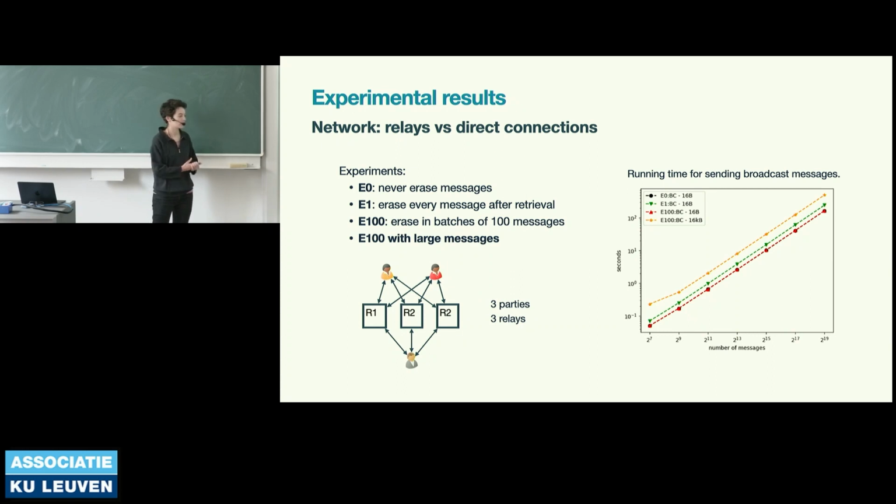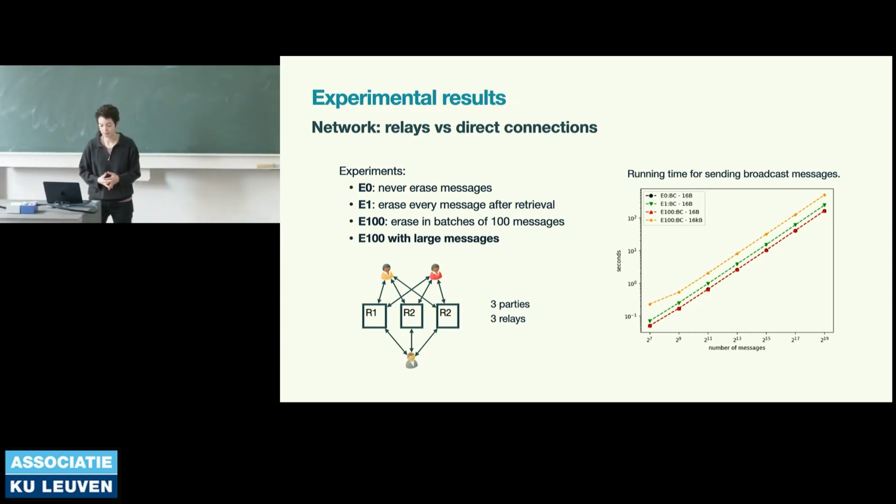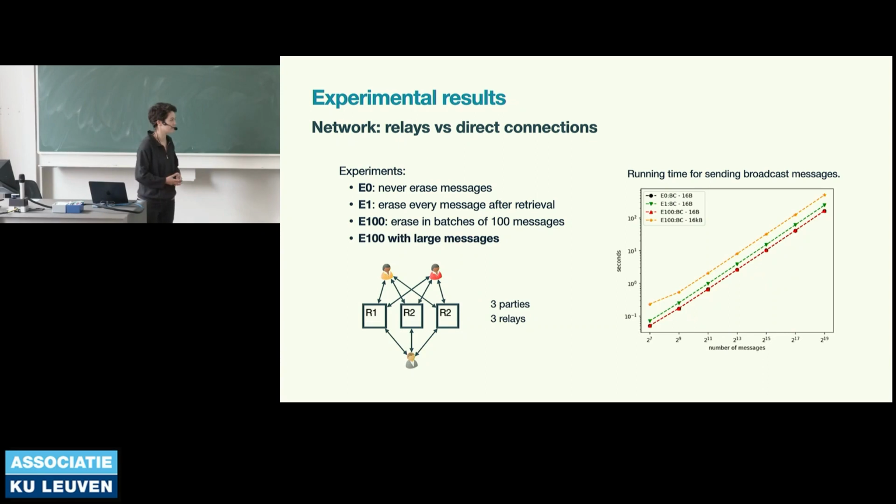So possibly we could improve the way we store point-to-point messages so that the case where we never erase any message is also a bit faster. But the truth is that we always need to erase messages, or otherwise at some point we will run into a storage limit. So still, I would say that erasing messages in batches is the best approach.